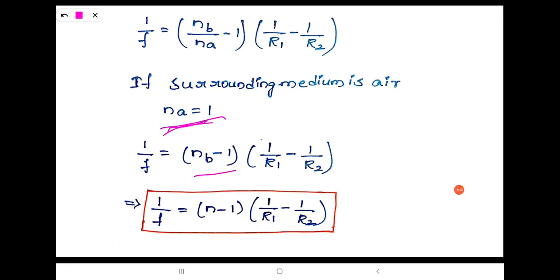Since NB is the refractive index of the material of the lens, we can write only one refractive index: 1/F equals (N minus 1) times (1/R1 minus 1/R2). So this is the Lensmaker's formula. We can use it for any lens, by applying sign convention to this specific case.